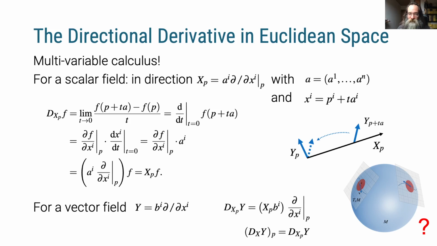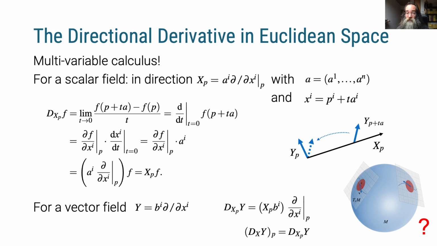And another important thing to note here is that if you differentiate the vector field in the plane, you can now actually extend this notion from a single point to the whole manifold, to the whole plane actually, by defining it pointwise.